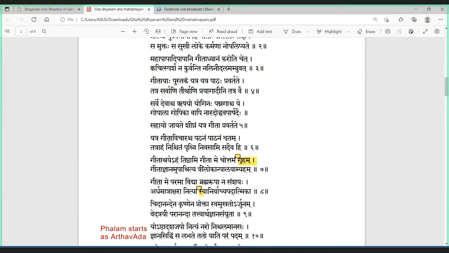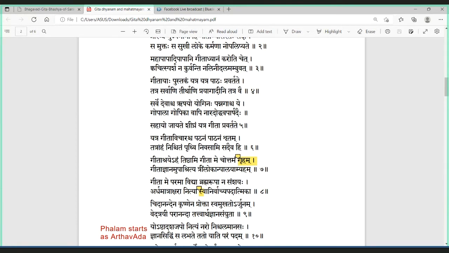What are we all going to do? Vichar on Gita. Wherever there's going to be a vichar on Gita, not just that, what is all of us also going to do? Pathanam, where there will be the study of the Gita. Pathanam, teaching. The teaching of the Gita. Shrutam, hearing of the Gita.